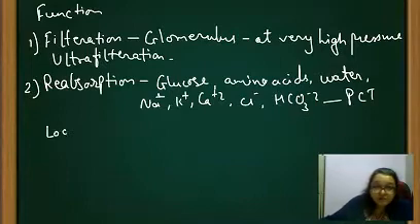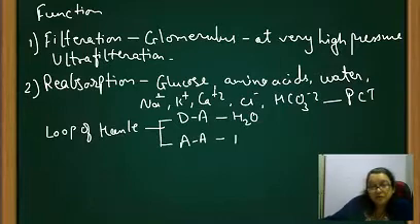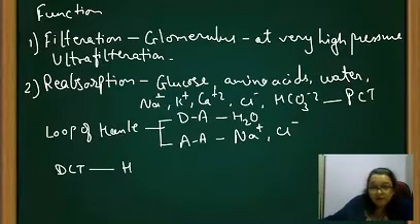Next comes the loop of Henle, which has two parts: first is the descending arm, which is responsible for water reabsorption, and the ascending arm, which is mainly responsible for the reabsorption of sodium and chloride ions. And the third part, that is DCT, is mainly for water reabsorption.